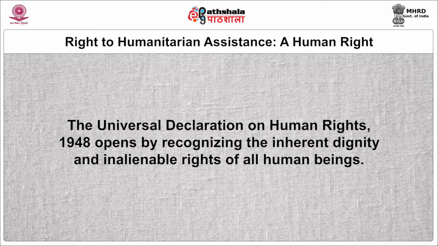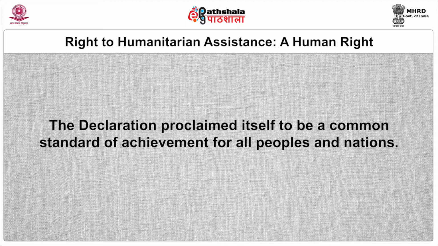The Universal Declaration of Human Rights 1948 opens by recognizing the inherent dignity and the inalienable rights of all human beings. The Declaration proclaimed itself to be a common standard of achievement for all peoples and nations.